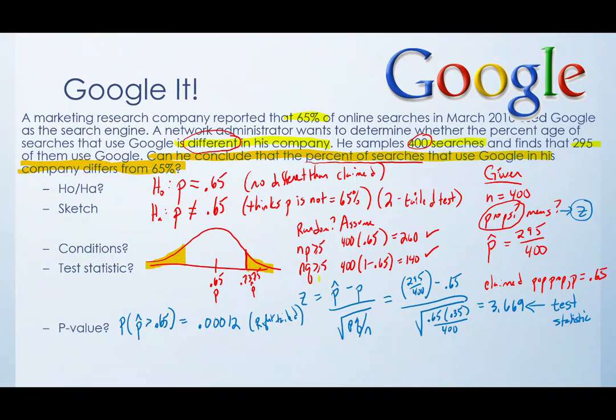We have a two-tailed test, so we are going to double that p-value. What we found is that the right tail has that very, very small 0.00012 area.